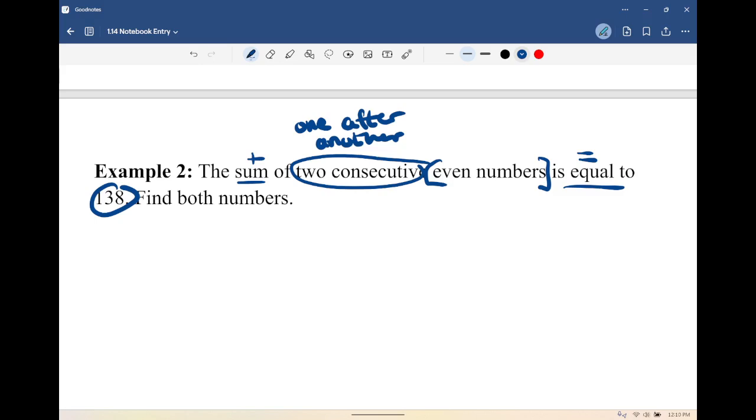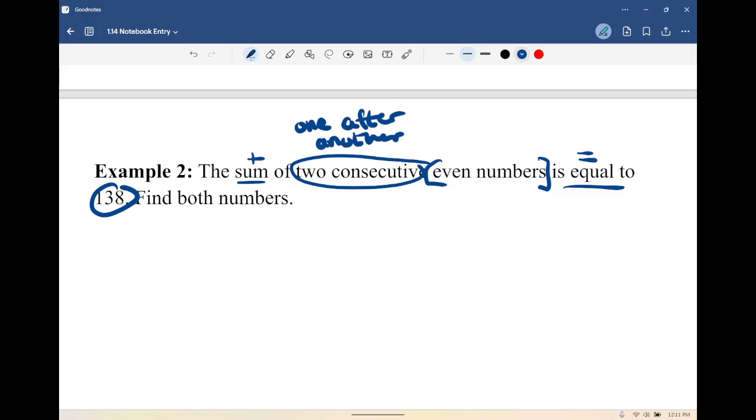Every time we go from one even number to the next consecutive, what am I doing to it? From 2 to 4, from 6 to 8, 12 to 14. Raise your hand. Say it again. Multiplying by what? 2. What is 4 times 2? 8. Is that 6? You're adding. Okay, so I'm adding 2.